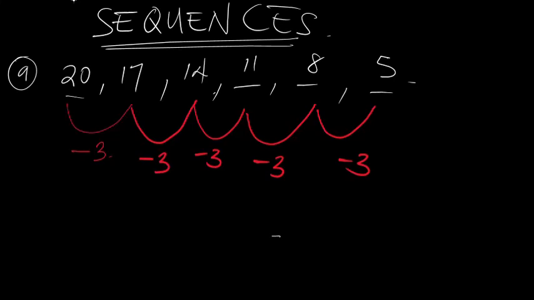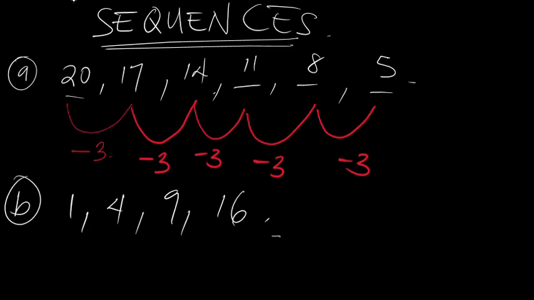Now let's try another sequence, or list of numbers that has a pattern, which is called a sequence, and each of the numbers is a term. So let's look at another one. Let's say B, you have 1, 4, 9, and 16. Now you are asked to find the next three numbers.